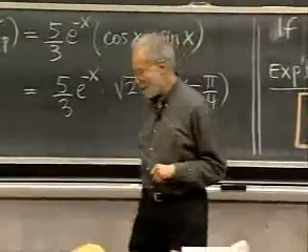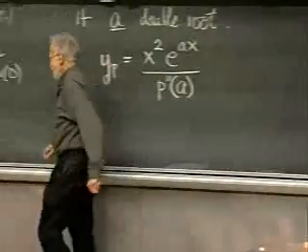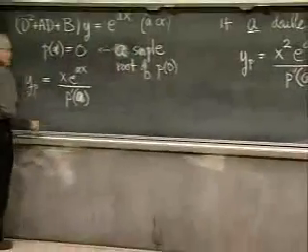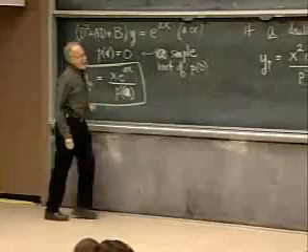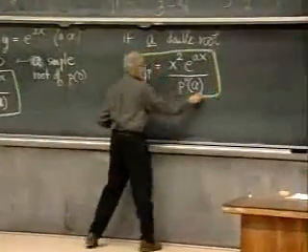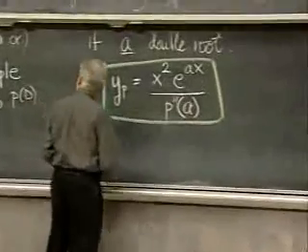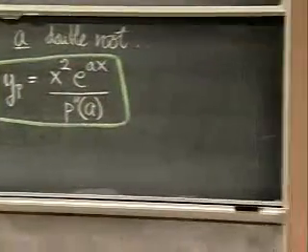Yes, I already did, so it's too late. Okay, so we'll make this two formulas according to whether A is a single or a double root. Let's prove one of these, and that will be good enough for my conscience.